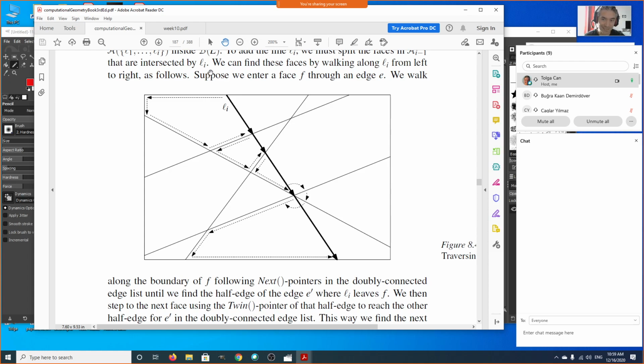Now, when you insert a new line into this quadratic size doubly connected edge list, what is the time that you require to update the face records and edge records that are affected by this new line?